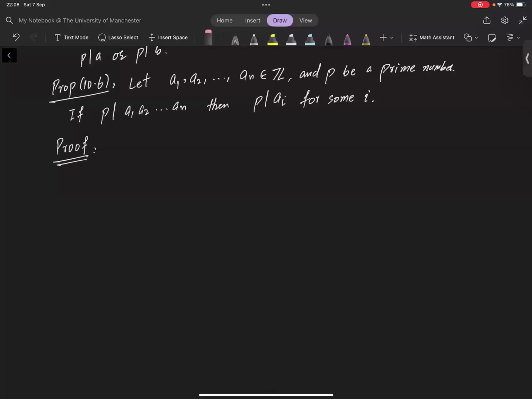So we prove this by induction. We say that let P of n be the statement of the proposition.